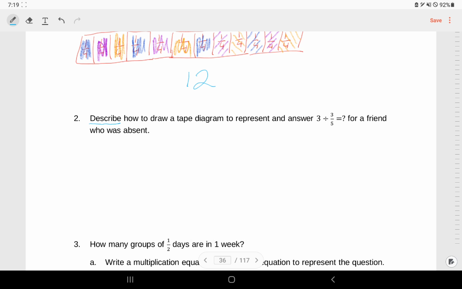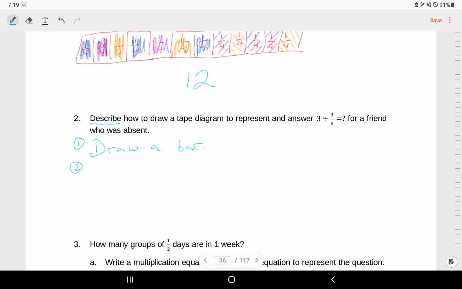So this would be: draw a bar. That's step 1. And we can do this as bullet points. It doesn't say write a paragraph or anything.